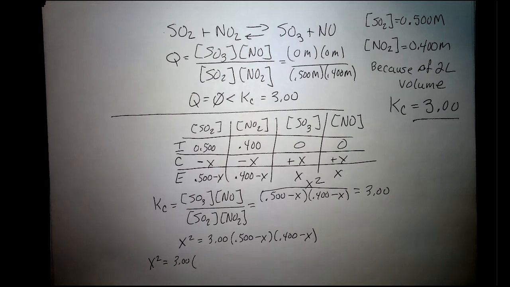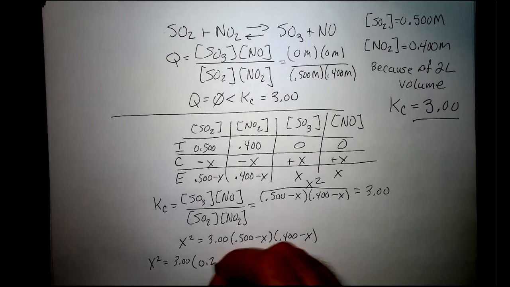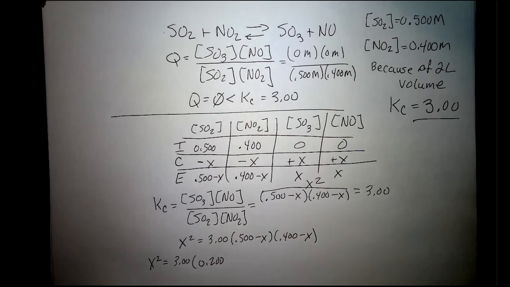Working our math, 0.5 times 0.4 is 0.200. And then we're going to have a 0.5x and a 0.4x, both negative because the x's are negative, and that adds together to be 0.900x, subtracting, and then plus x squared.